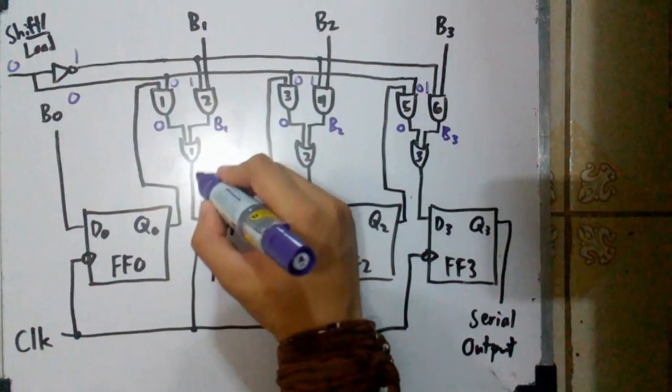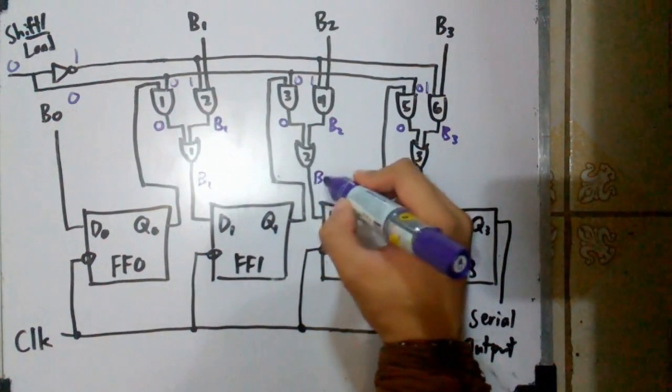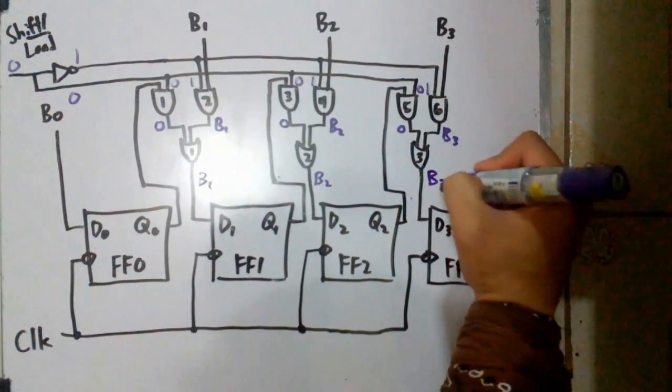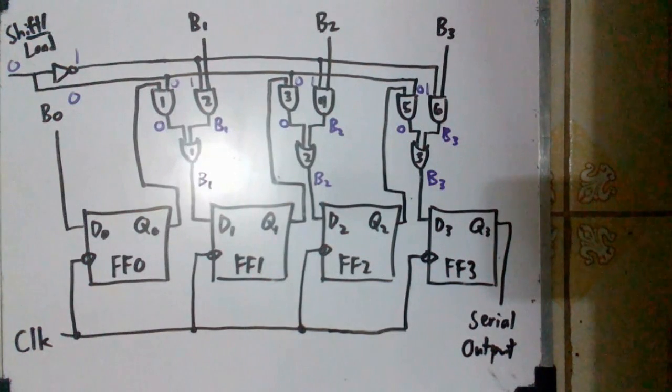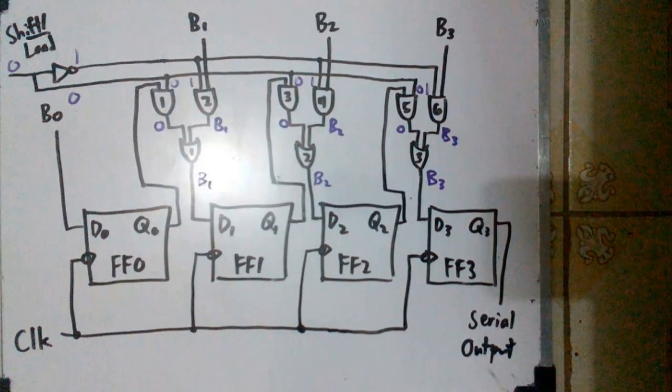Lastly, this will make the outputs of OR gate numbers 1, 2, and 3 to be the values of B1, B2, and B3 respectively. This results in flip-flops 1, 2, and 3 to have a data value of B1, B2, and B3 respectively. As we can see, the data values of B0, B1, B2, and B3 will be the data stored in flip-flops 0, 1, 2, and 3.